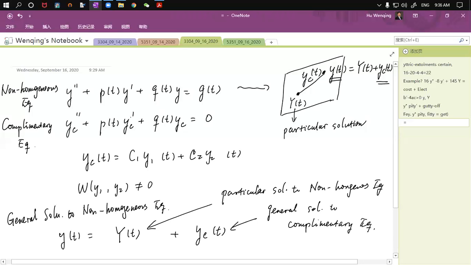By complementary equation, it means homogeneous. So you just remove the non-homogeneous term in the non-homogeneous equation, you make it homogeneous, and you have a general solution to the complementary equation.